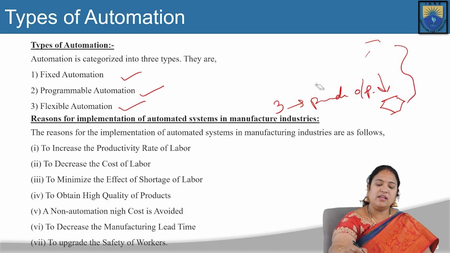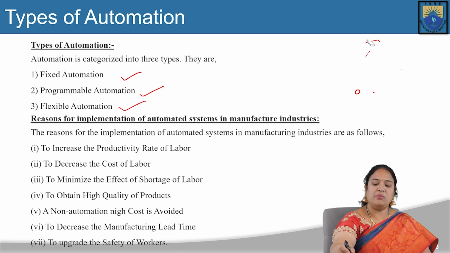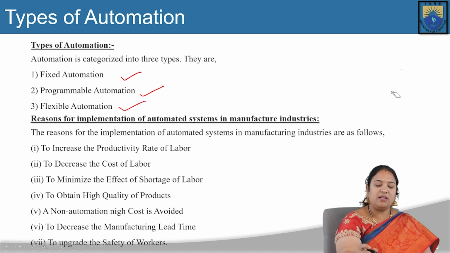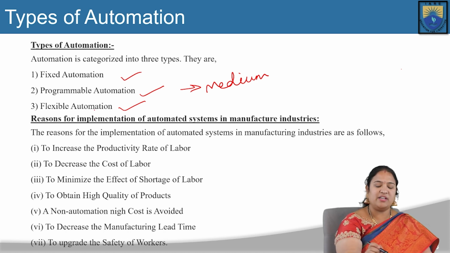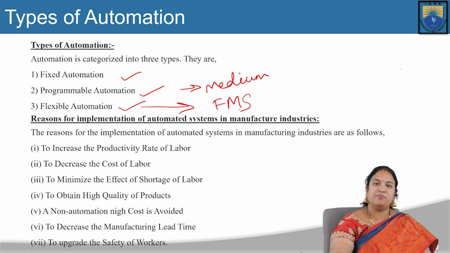Now here in this particular type of the programmable automation, this can be done for medium production, where the batch sequence is limited. Whereas coming to the flexible automation, the best example for flexible automation is flexible manufacturing system, right?